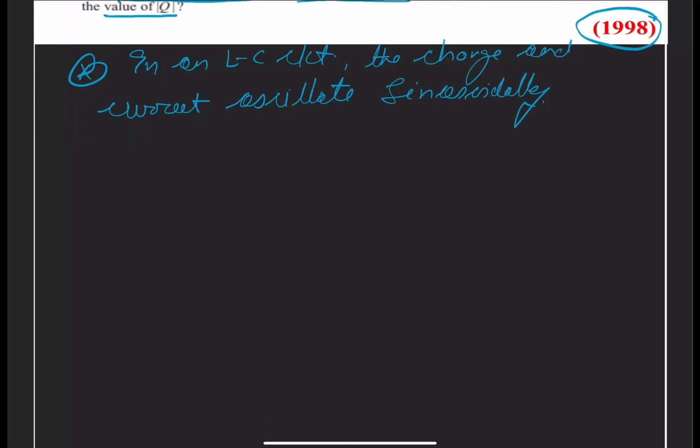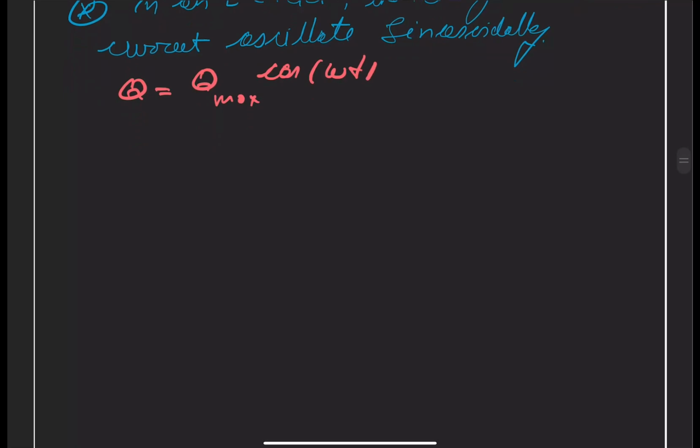Our charge Q will be equal to maximum charge Q max cos of omega t. And similarly, we can write the value of current, which is nothing but the derivative of this charge, and this comes as minus omega Q max sine of omega t.